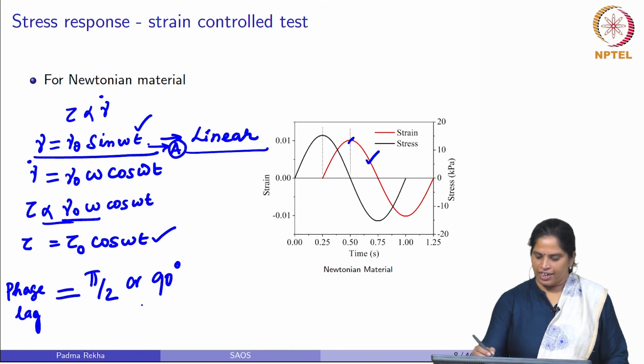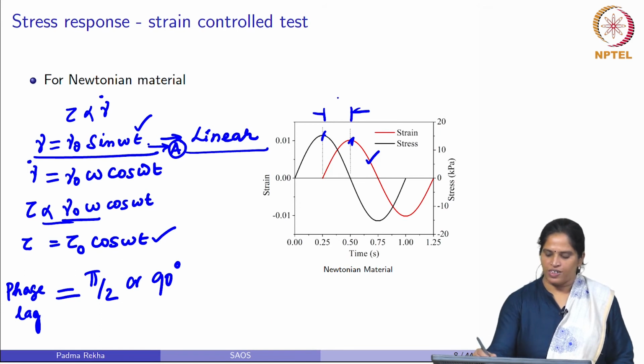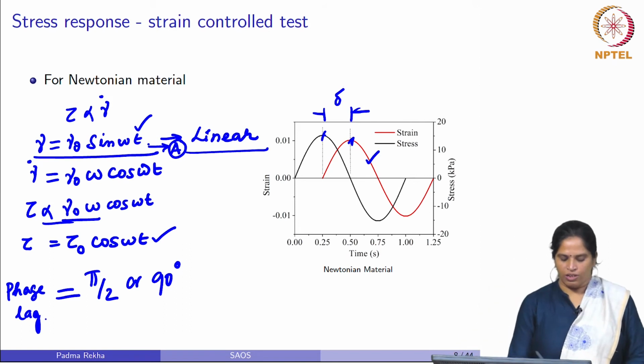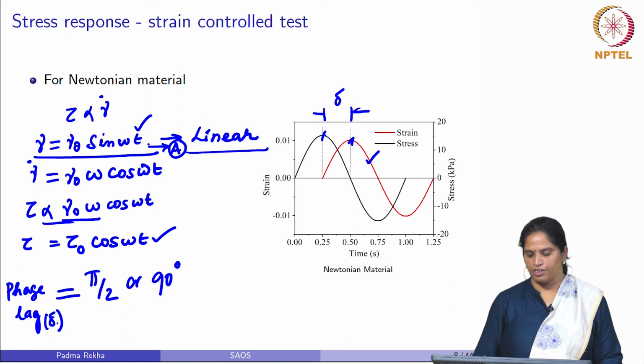Since the phase lag is 90 degrees, which is nothing but the peak-value lag between stress and strain here, you see a stress peak at this location and a strain peak at this location. The time lag is what we call the phase lag, and it is generally represented by delta.